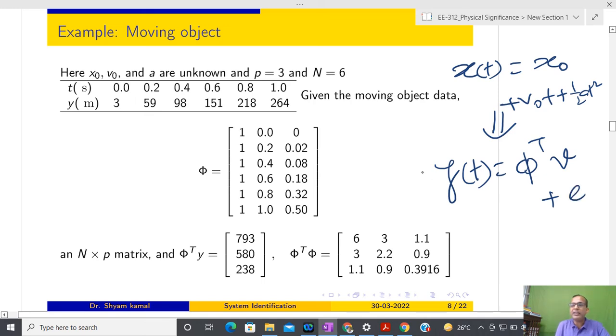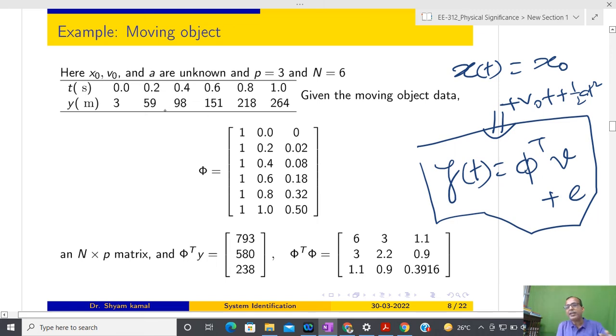We have just seen, when I started the lecture, that this problem can be represented like this. Okay, so now what is our assumption? I want to identify this unknown parameter nu, which is nothing but a column vector containing x0, v0 and a. So I have to estimate this particular vector. For that, I need some kind of experiment.